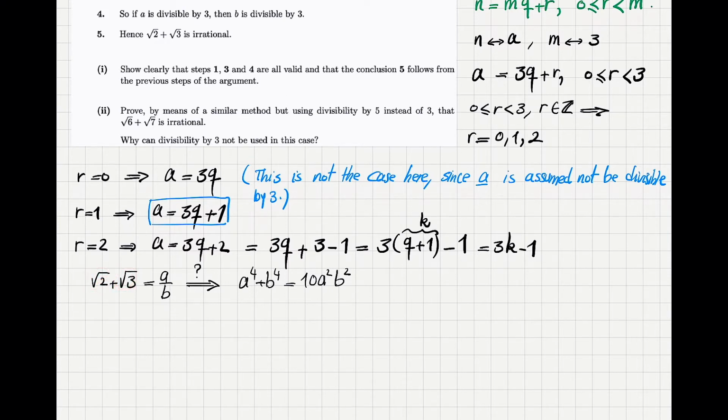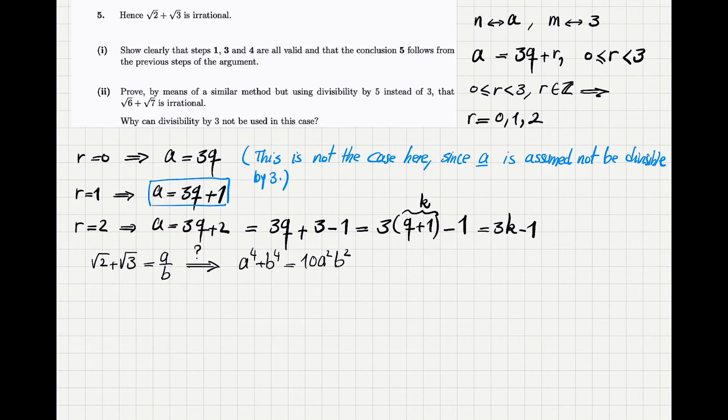To get rid of square root signs, the natural step is to raise to power 2. So I raise both sides of this expression to power 2. So this becomes square root of 2 plus square root of 3, to the power of 2. On the right hand side I will have this. I expand the left hand side: the first one to the 2, plus 2 times the first one times the second one, plus the second one to the 2.